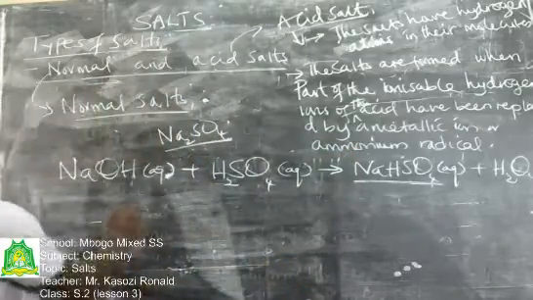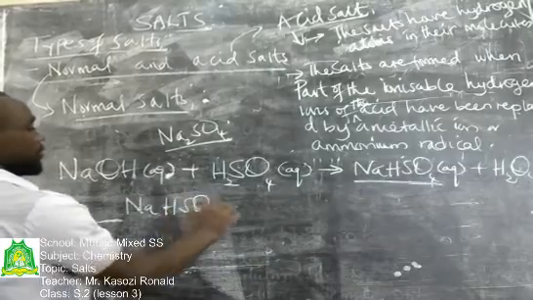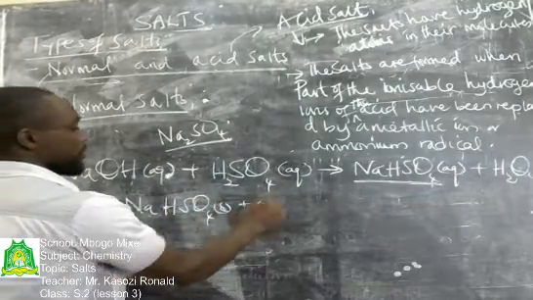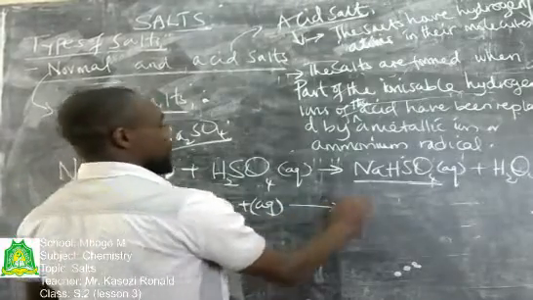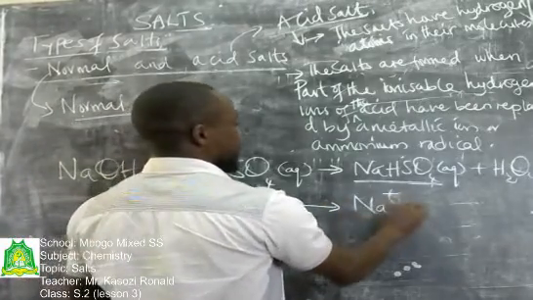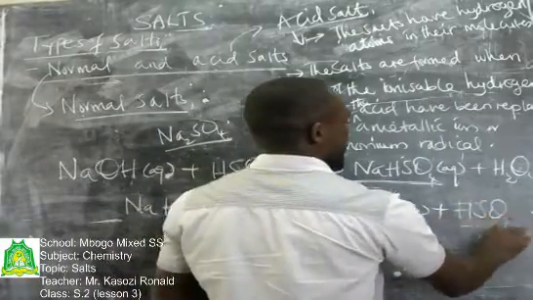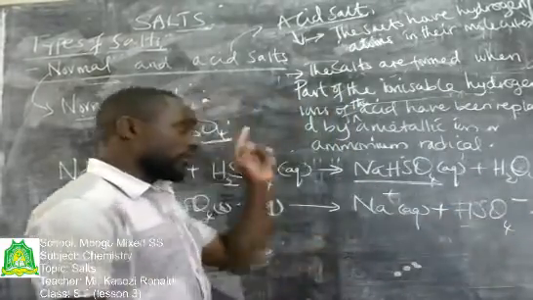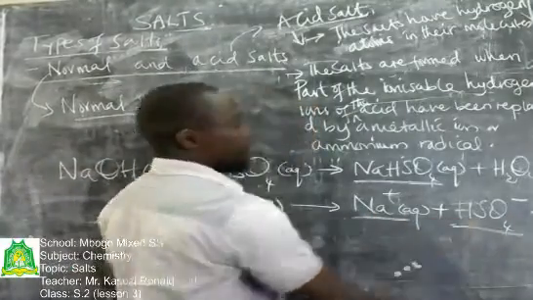For instance, when I dissolve sodium hydrogen sulfate in water, this will give me sodium ions plus hydrogen sulfate ions, because we have said that a salt has two parts: a positive part and a negative part.